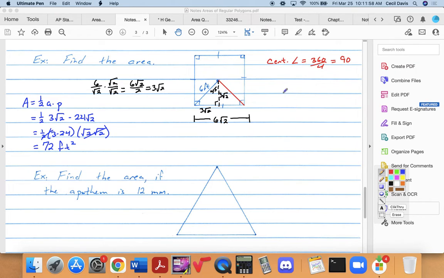The other way we could have done it is that area is equal to base times height. What's the height going to be? 6 square roots of 2. So it'd be 6 square roots of 2 times 6 square roots of 2. Again, we'll group these. 6 times 6, the square root of 2 times the square root of 2.